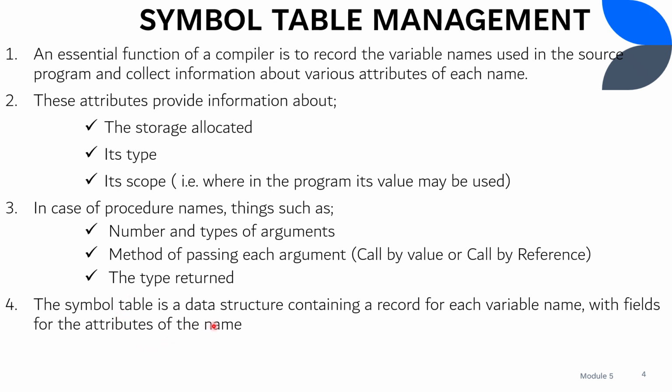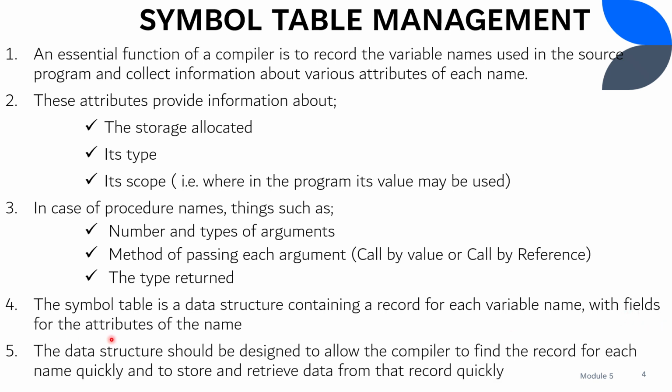Thus, the symbol table is a data structure containing a record for each variable name, and it will have fields for the attributes of the name. This data structure should be designed in such a way that it helps the compiler find the record very easily and very quickly, because the compiler will function properly only if the symbol table is properly managed.